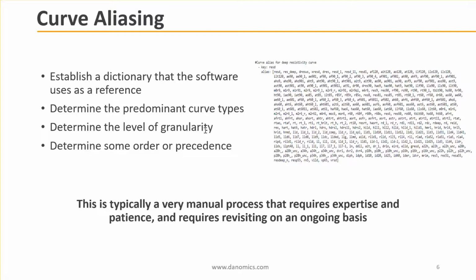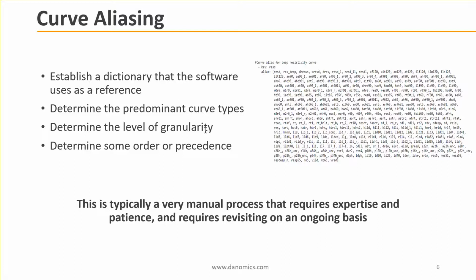Unfortunately, building this out is a very manual process. It often requires a lot of expertise because you need someone that can understand what mnemonics are part of each curve family. And it's also something that as you acquire more data, you're going to have to keep revisiting and analyzing your files to make sure that you've captured a significant portion of the data.